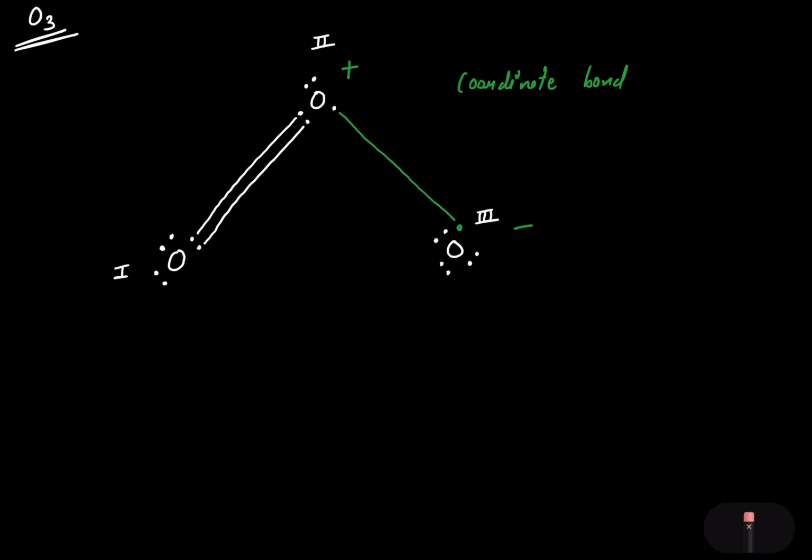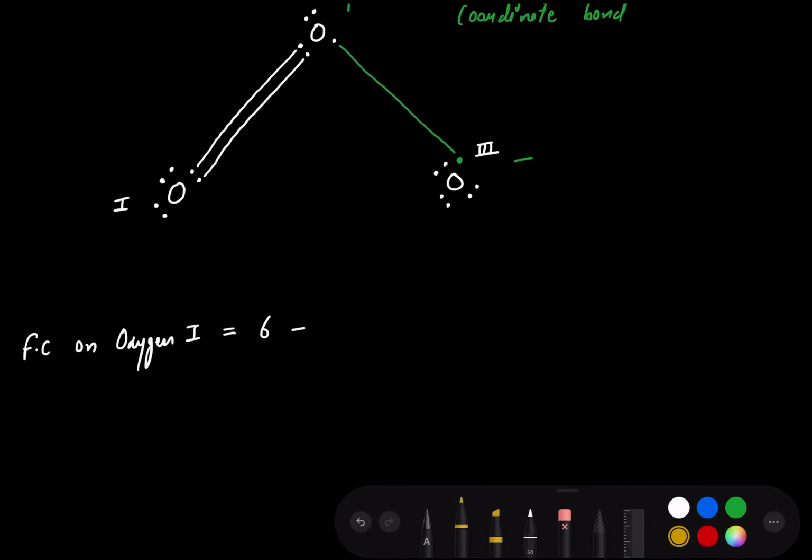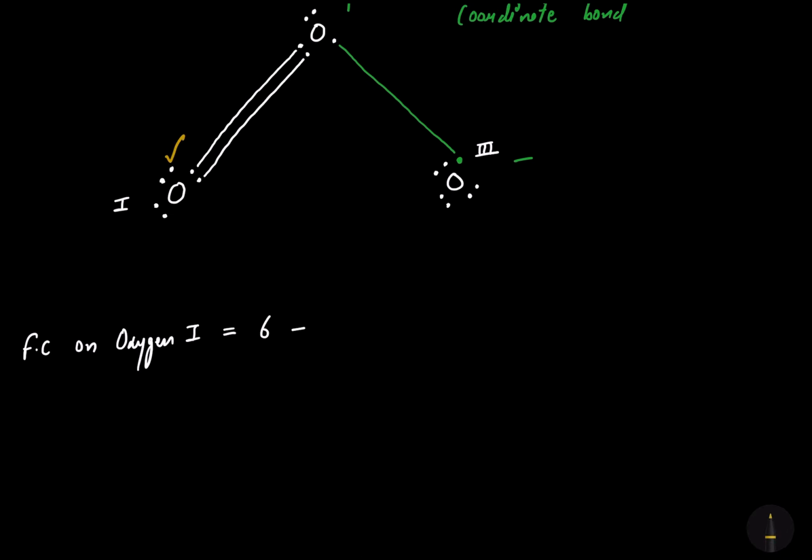Now, formal charge on oxygen number 1. I'm talking about oxygen number 1 first. How many valence electrons does oxygen have? It's 6, minus the number of non-bonded electrons in oxygen number 1: number 1, number 2, number 3, number 4.